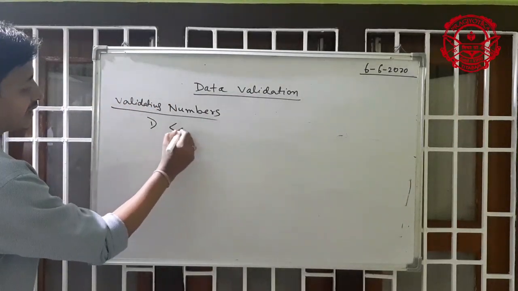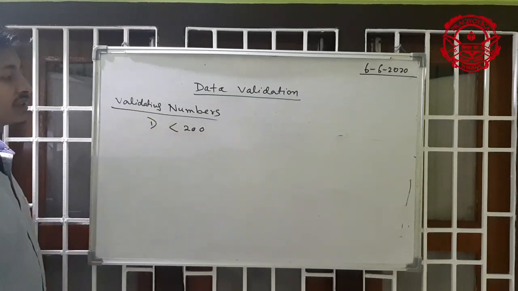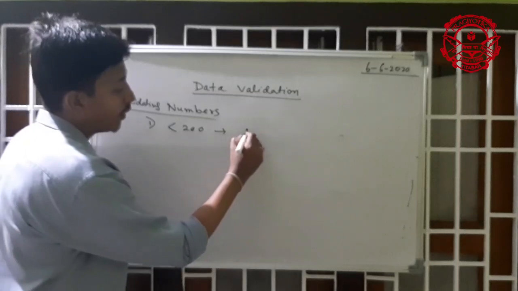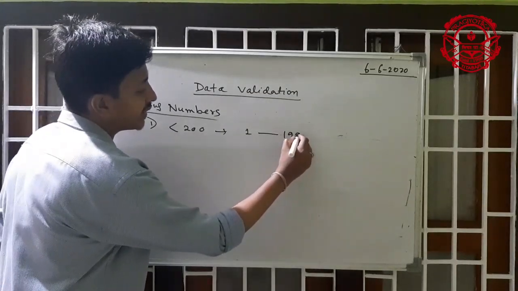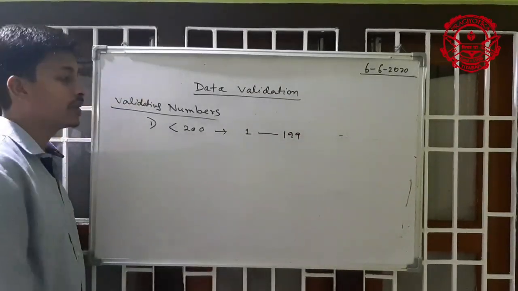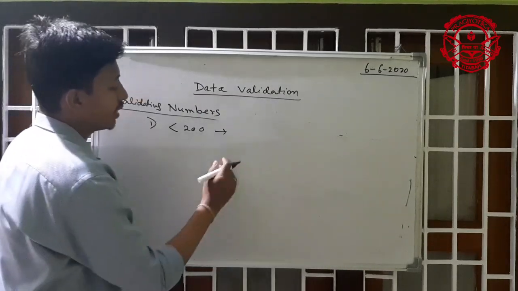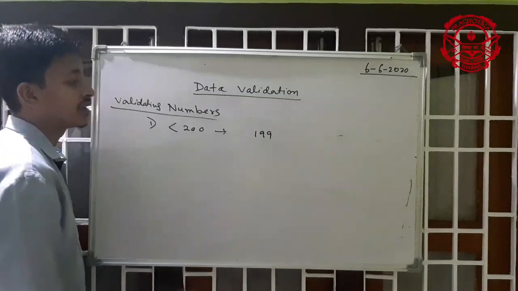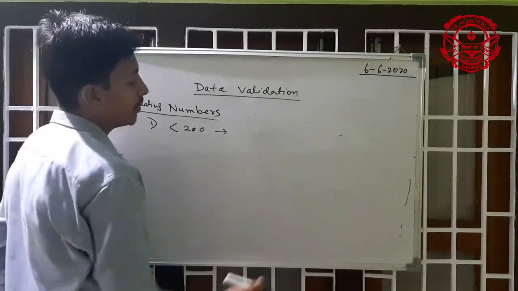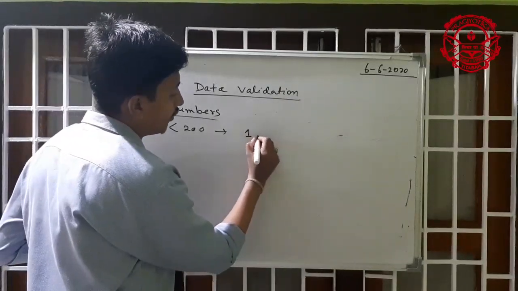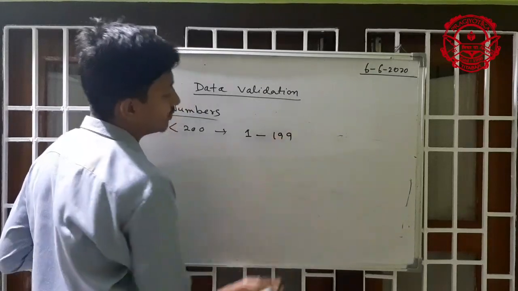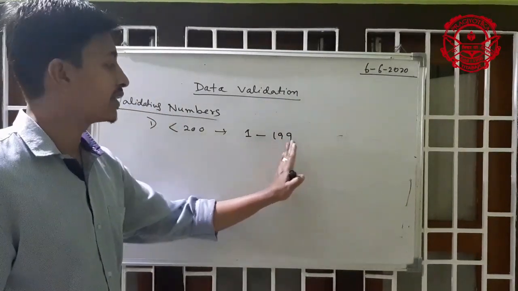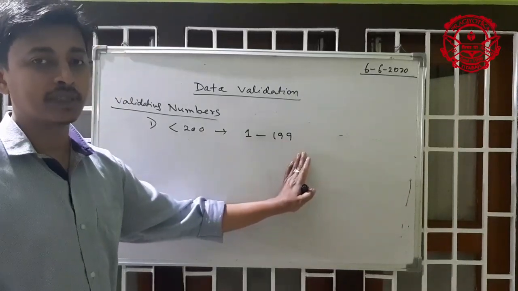First one is less than 200, which means 1 to 199. The value from 1 to 199 will be accepted.